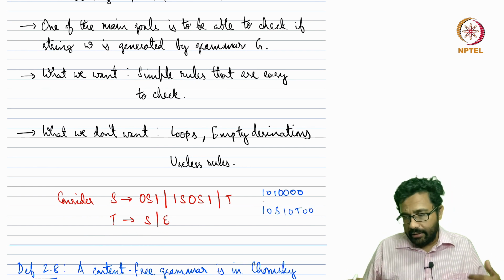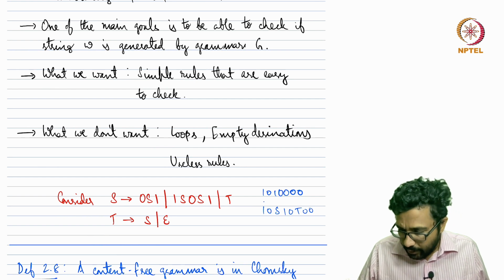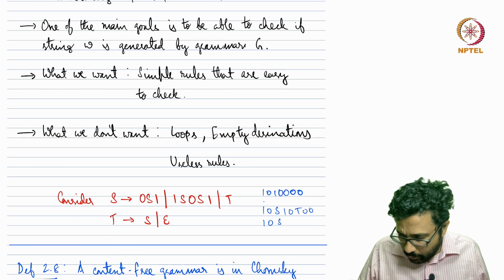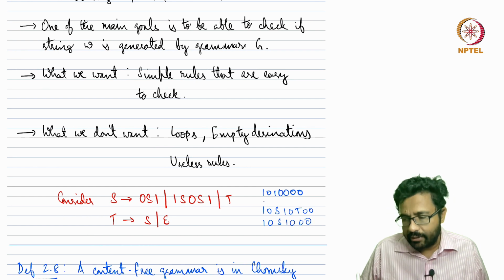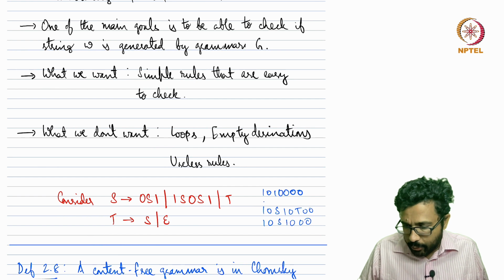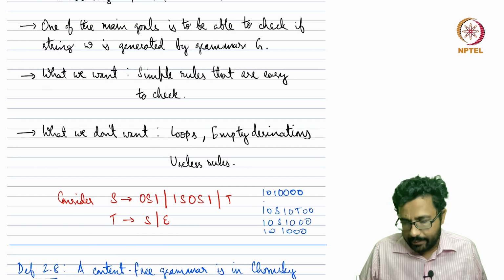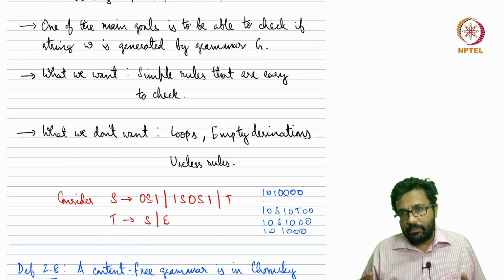Potentially I could have a string like 1 0 S 1 0 T 0 0, and in the next step this T could go to epsilon and I could get 1 0 S 1 0 0 0. Even this S can go to T and then T can go to epsilon. So the string can become smaller.